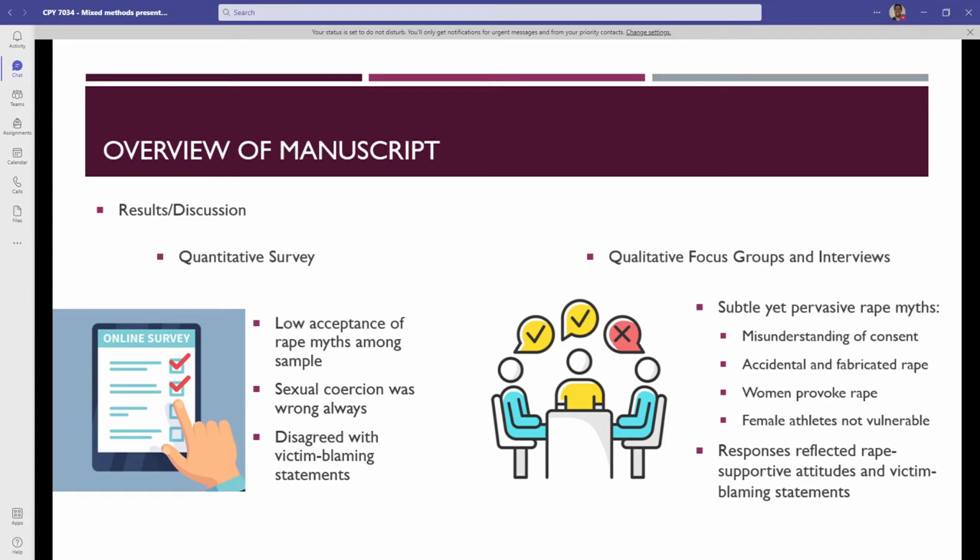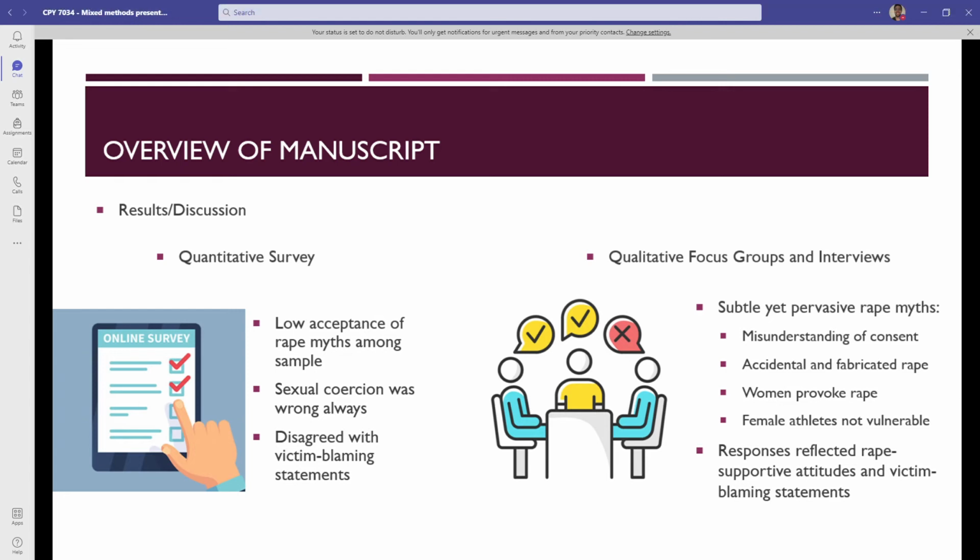There were several yet pervasive rape myths that came about from these focus groups that found four major themes. First, the misunderstanding of consent, such as student athletes saying oh, it was late at night, or just a misunderstanding of consent. The belief in accidental or fabricated rape, when some of the student athletes said these women are using rape as an excuse, but it didn't actually happen.